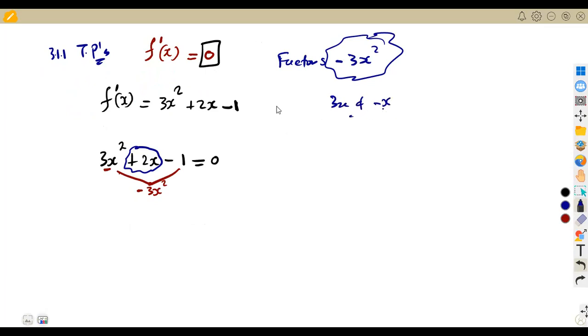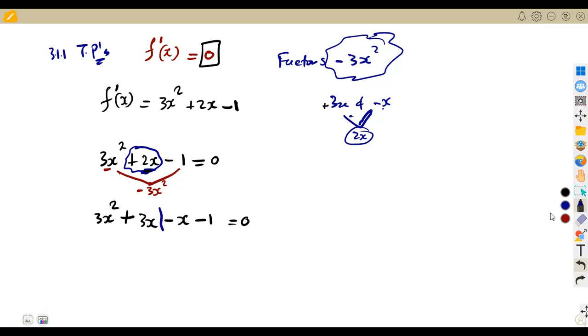If you multiply these, we get negative 3x squared. If we add these two, we obtain 2x. So these are the ones that we are going to replace into the middle term where we have our 2x. We are going to have 3x squared, in place of 2x we are going to substitute plus 3x minus x, minus 1, which must be equal to 0, or you just use the quadratic formula at once.